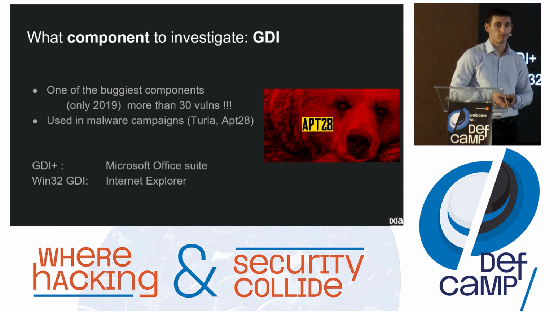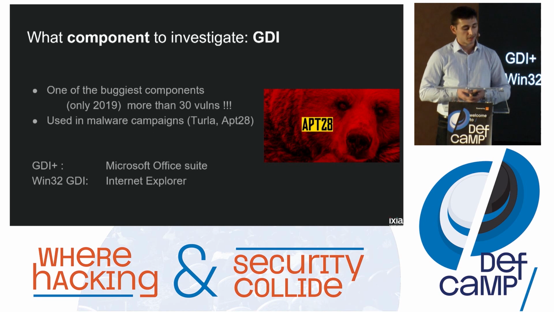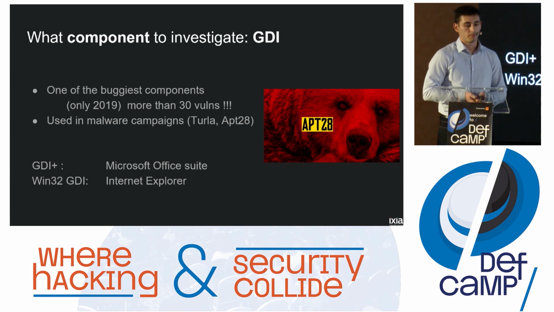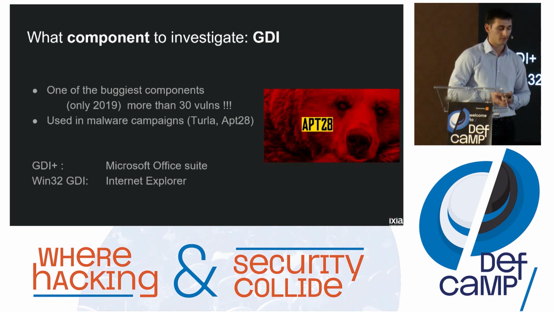Or you can use a browser. You can attack this way. You can insert a certain metafile into a JavaScript, and that will get parsed using the vulnerable module. And again, it's pretty much game over. And Adobe Reader is using GDI, Edge as well, so there's a large attack surface.